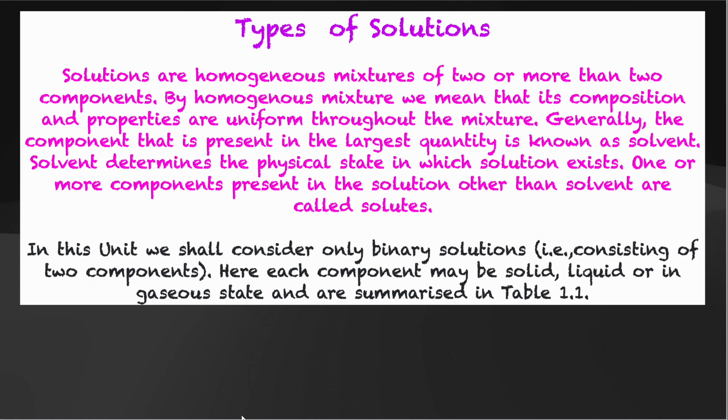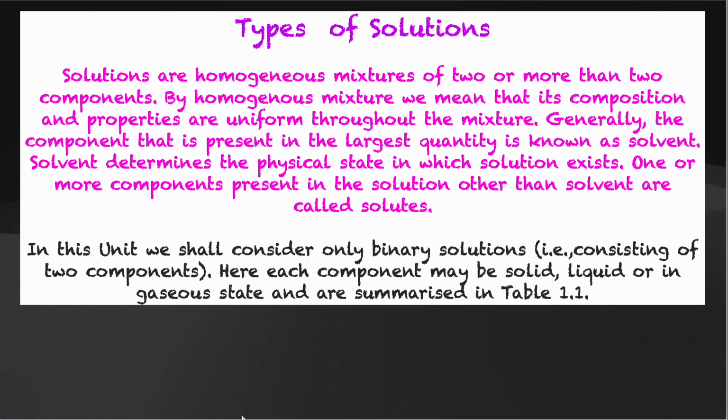This para actually provides us with the basic information which we would have learned in our earlier classes, right? Like, solutions are uniform mixtures containing two or more components, and the term homogeneous mixture means a consistent composition and property throughout the mixture. And then what is a solvent? Solvent is something which is present in the largest quantity, and solutes are other components other than the solvent dissolved in the solvent, right?